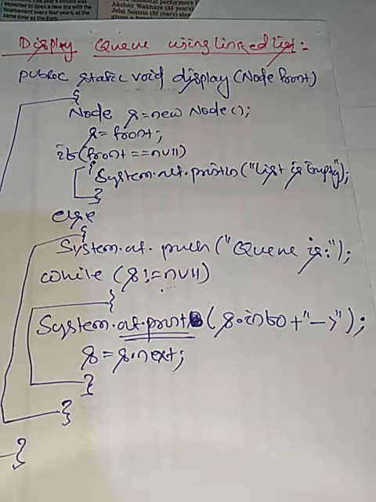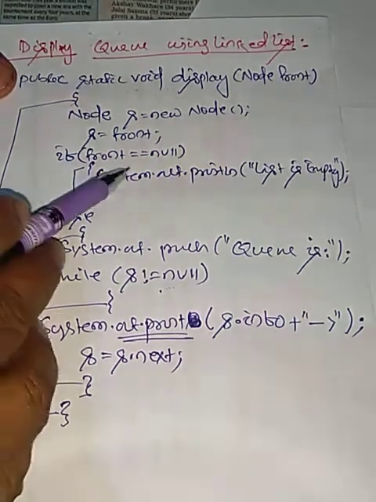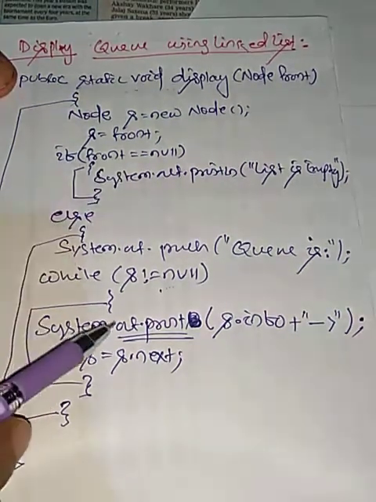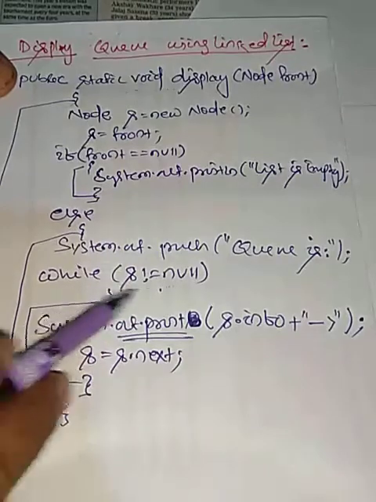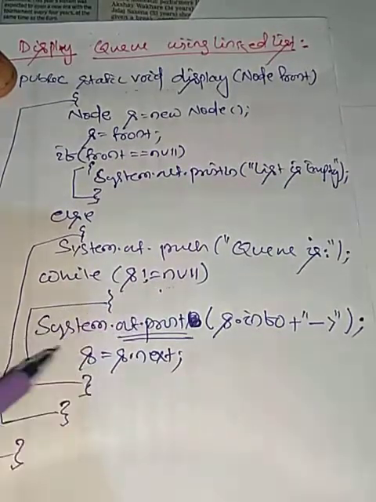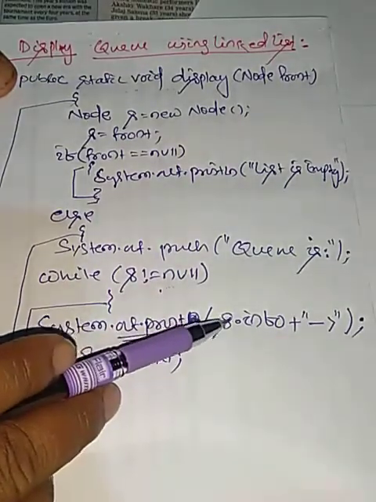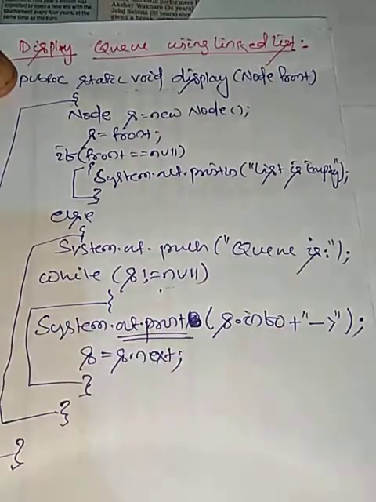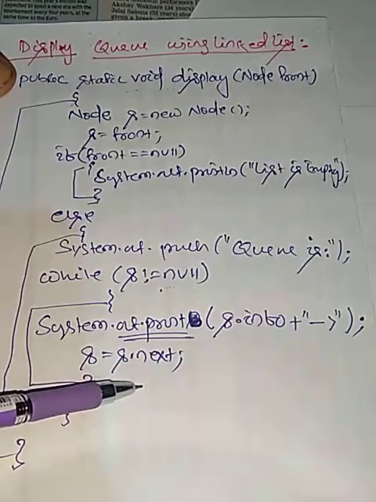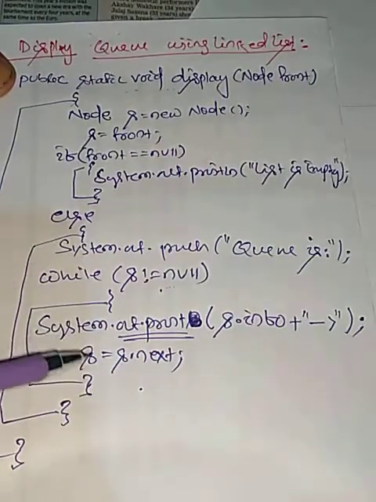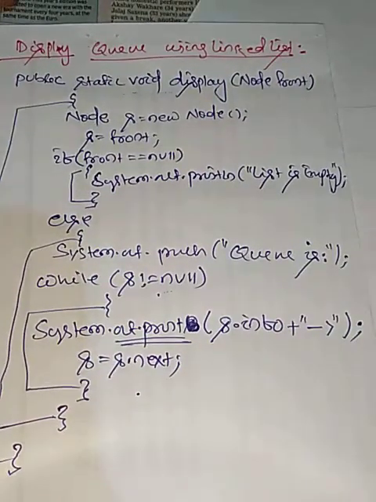The rear has the next field null here. So in that regard, we start from front, only if front is not null. Otherwise, we'll follow this while loop. While s not equal to null, we'll print the info part of the node and move to the next node, printing like this till we reach the last node. If we reach the last node, we'll come out of the list.